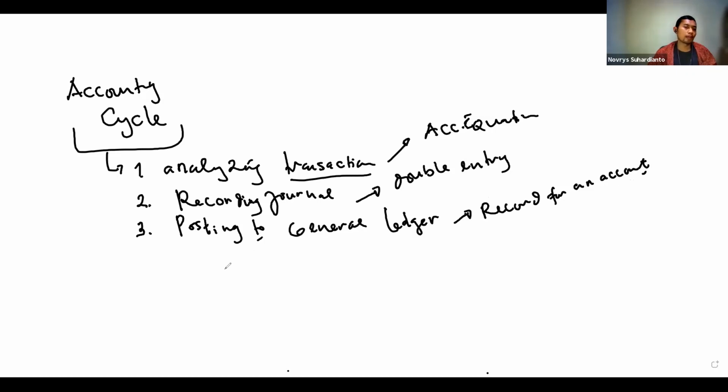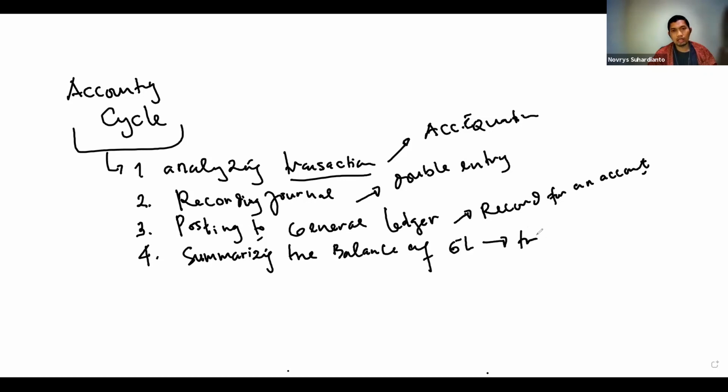And then last week's lesson also told you about summarizing the balance of the general ledger into a trial balance. It's actually a list of accounts and their balances.